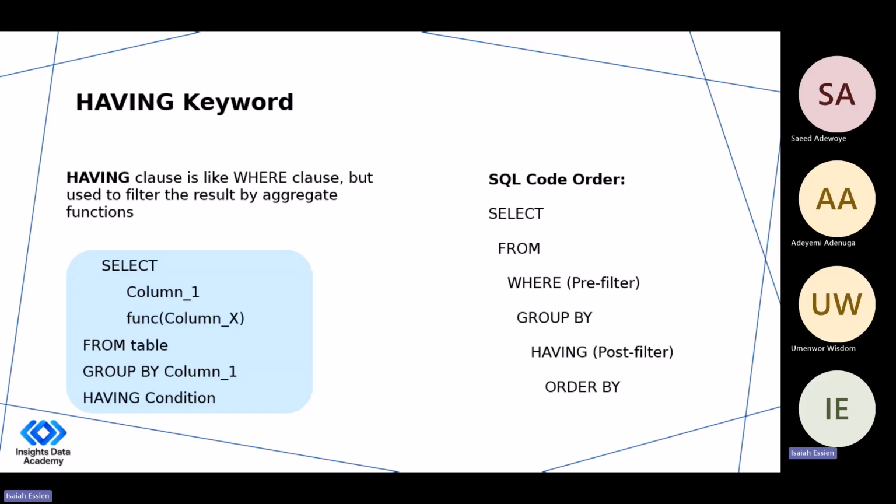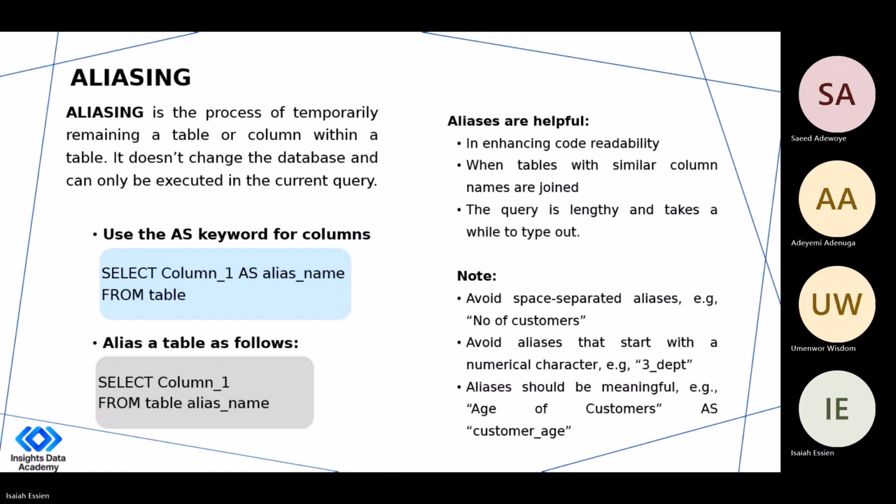We are going to see some examples as we do the practical. Then lastly is aliasing. Now, what is aliasing? Aliasing is the process of temporarily renaming a table or column within a table. Aliasing is a very key process in whatever SQL code you are writing.